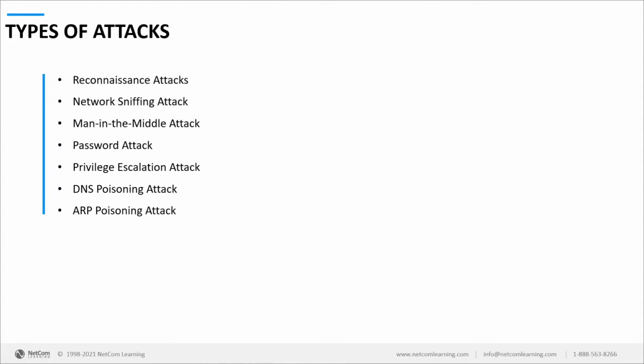The first is usually a reconnaissance attack, and reconnaissance attacks usually involve some type of network scanning. There are tools. The big one is Nmap. It's the one that we like to work with in the course. And as I said, that course is really hands-on.